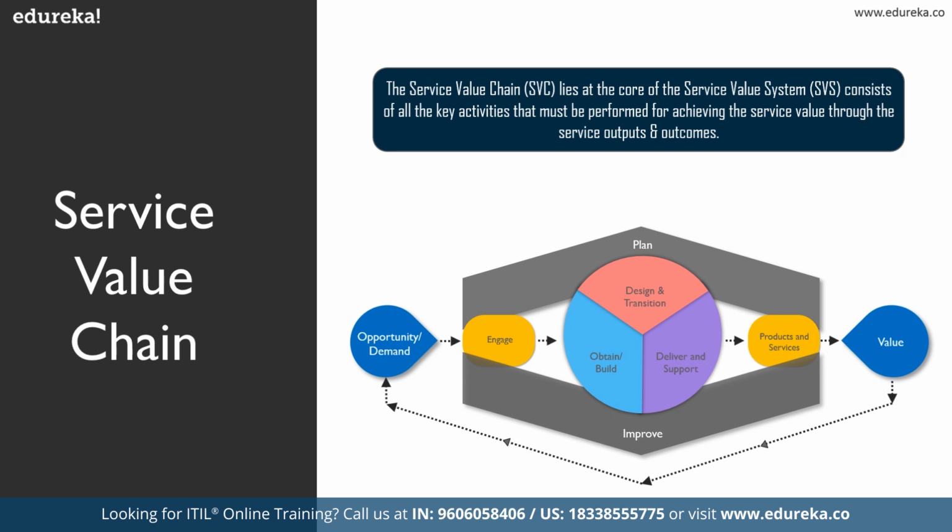For example, I create an HR application like an attendance monitoring system or payroll processing. There is an application which we create. That application is an output. Now, what does it do? It processes leaves, and processes information for attendance and payroll.